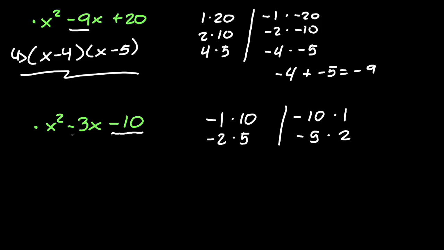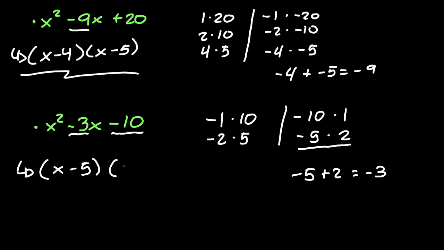What we're looking for here is the combination that will add to negative 3. So negative 5 plus 2 would be negative 3. So our answer here would be x minus 5 and x plus 2.